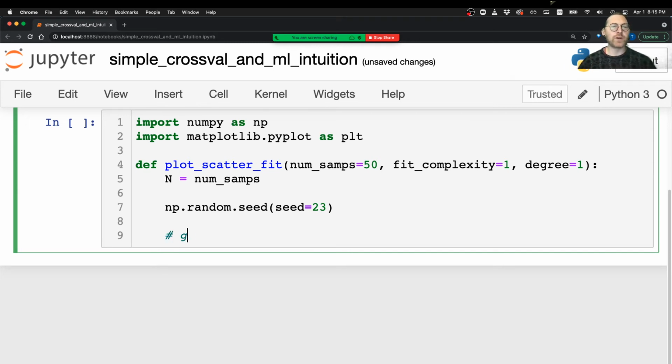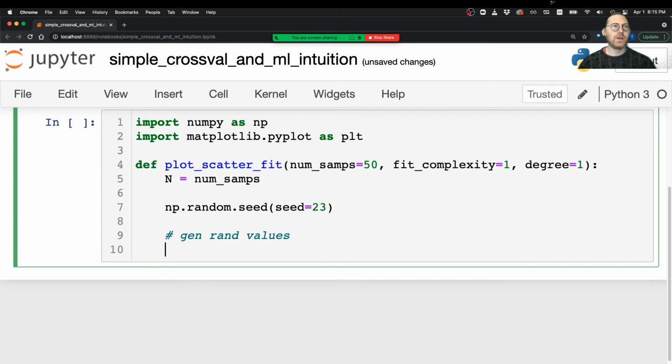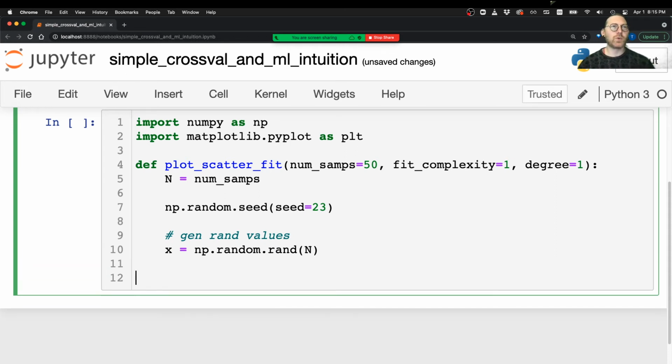And then I'm going to generate random values. The way I'm going to do this is using NumPy, and this is very convenient. I can generate n random values with np.random.rand. Let's look at what that looks like.